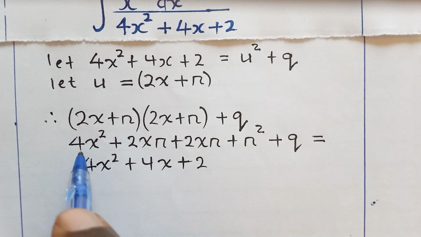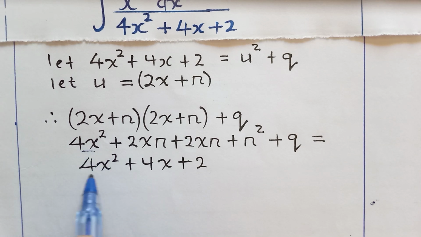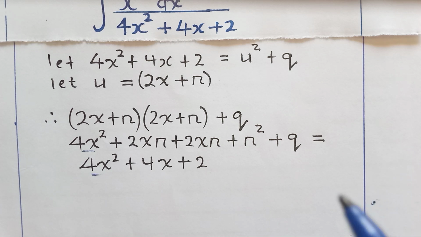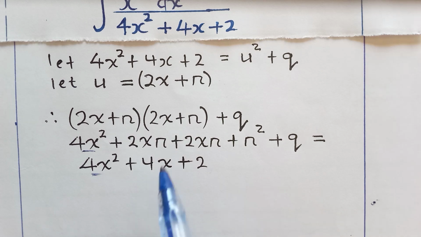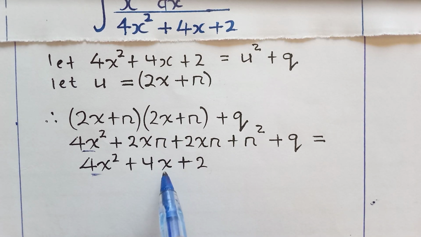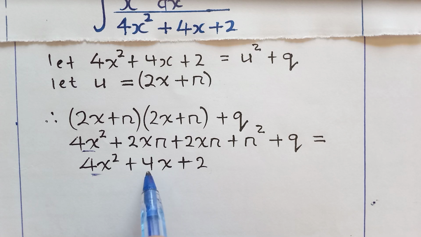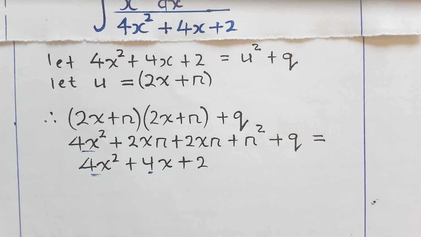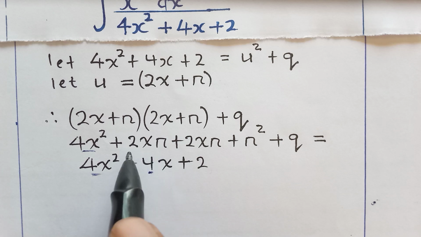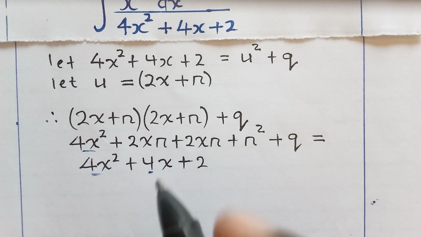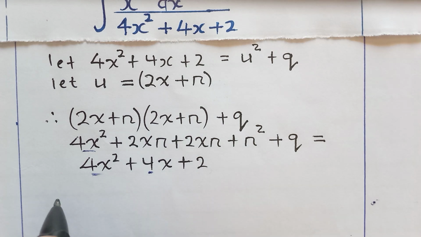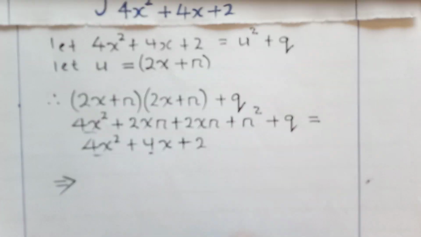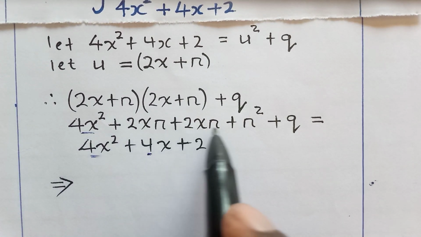So guys, now we come and compare both the equations, whereby this one looks the same as that. Then we have the coefficient of x. For the coefficient of x, here we have 4. Before I come to what I want to say, I now simplify this.